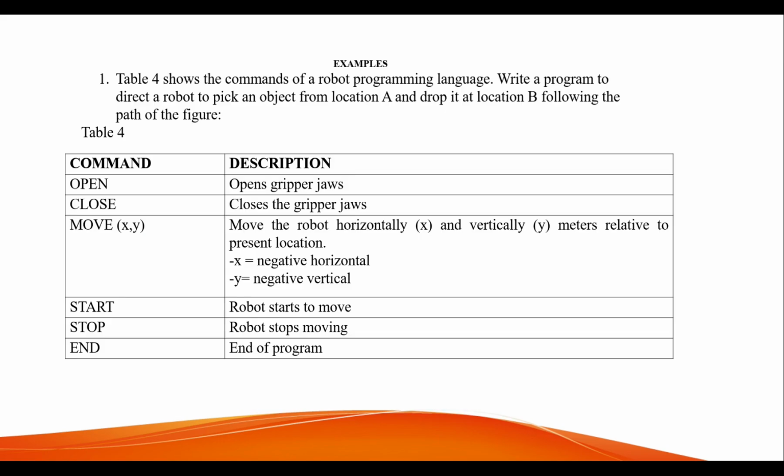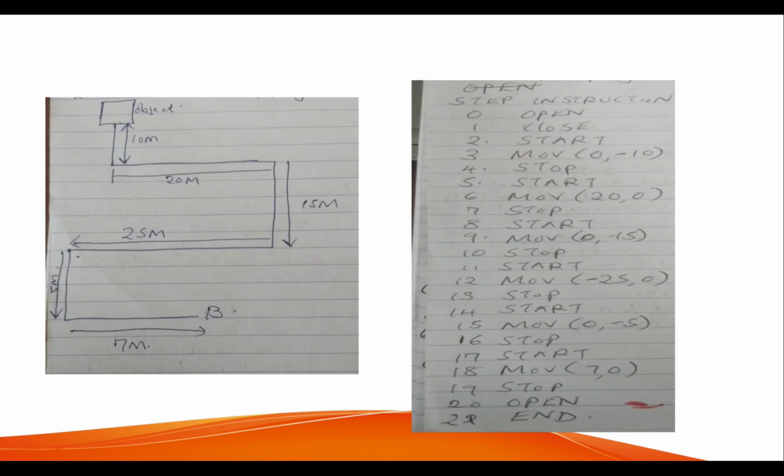After that, in between the movement, after it moves and it stops, the next step is to start. Then you move again. You write the movement in terms of the coordinates, you stop again, you start, you move.